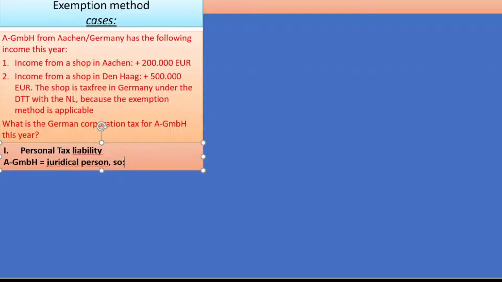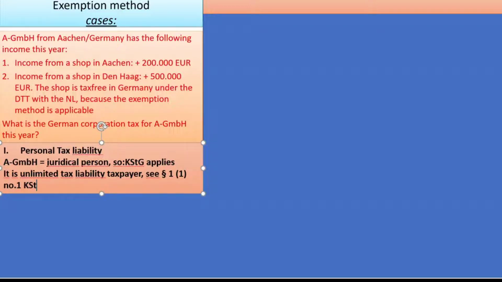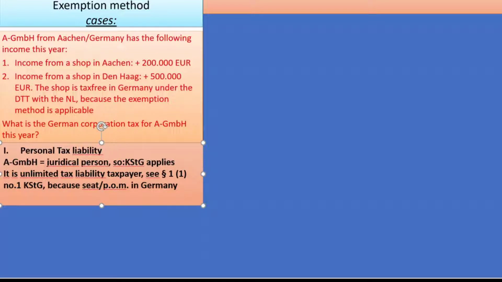So KStG applies. And it is an unlimited tax liability taxpayer. See paragraph 1, number 1 of the KStG, because seat or place of management both is in Germany.